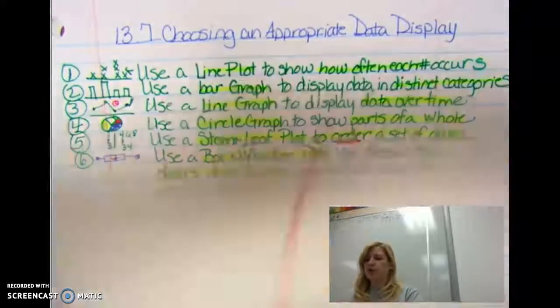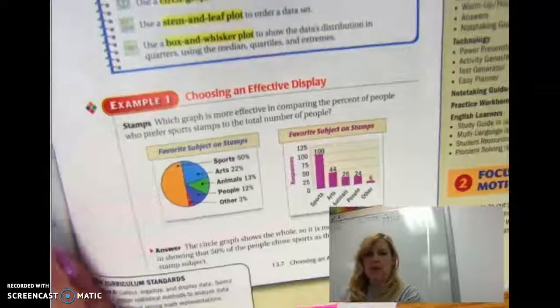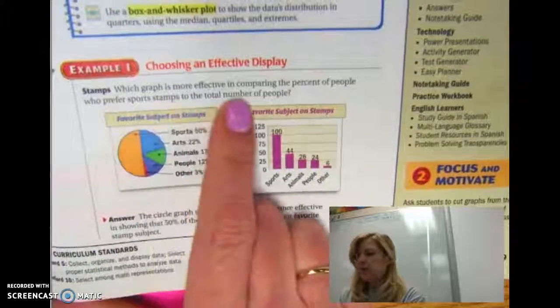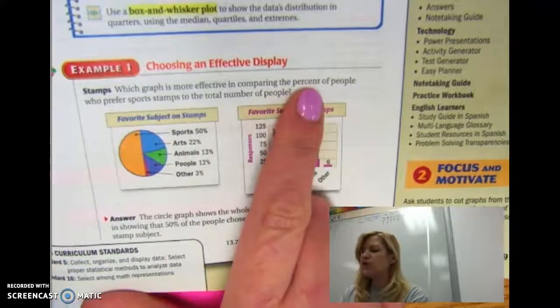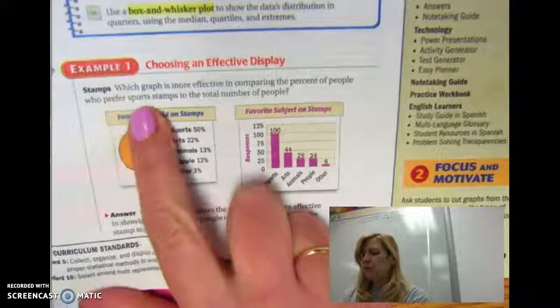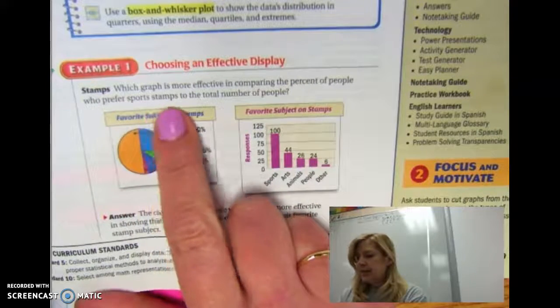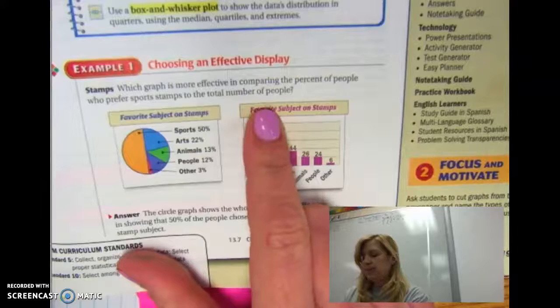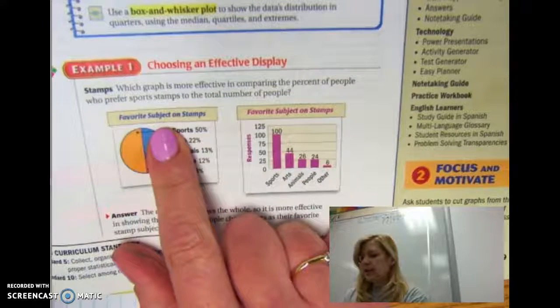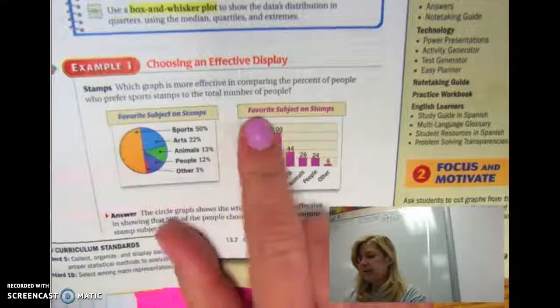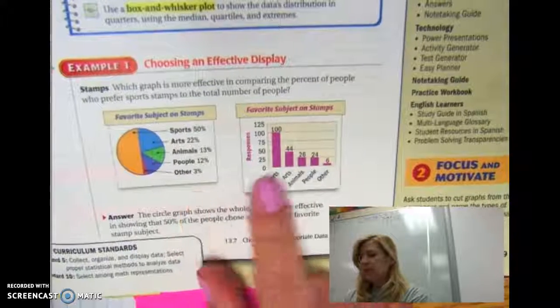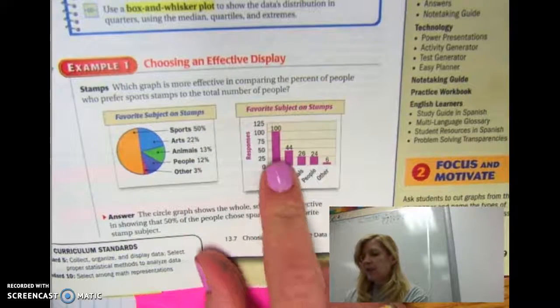So I'm going to use the book to show you because they have really good graphs in here. Which of these two graphs is more effective in comparing the percent of people who prefer sports stamps to the total number of people? So these are favorite subject on stamps in both cases. Both of them tell how many responses.